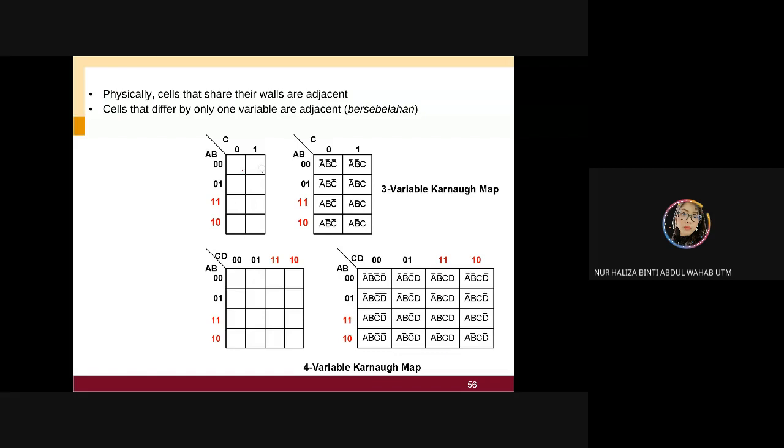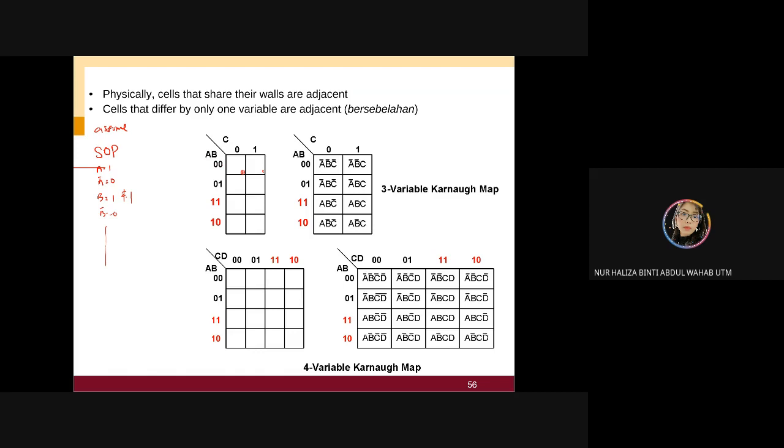What is in this cell? Okay, let's take a look at cell number 1. We're going to have A, B, C. Assume this is the case of SOP. Your A will be 1, A bar will be 0, B will be 1, B bar will be 0, and so on. F will be 1.